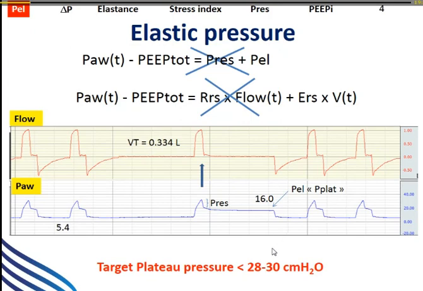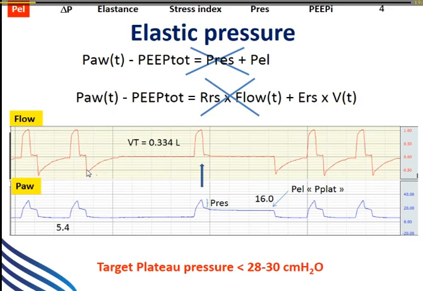And we know from the evidence-based medicine that this value should be maintained as much as possible below 28 to 30 centimeters of water. There is a second way to obtain the same elastic recoil pressure, which is without any maneuver.